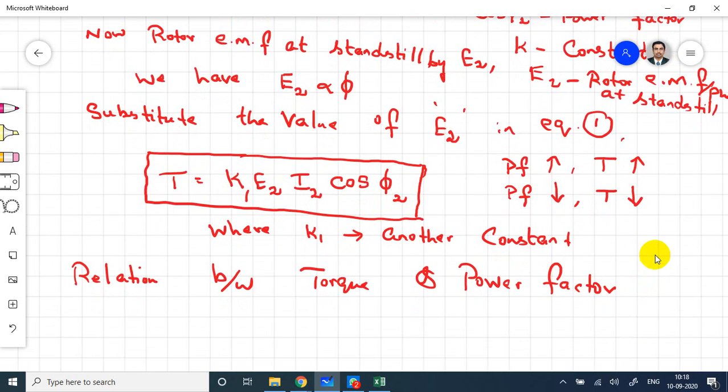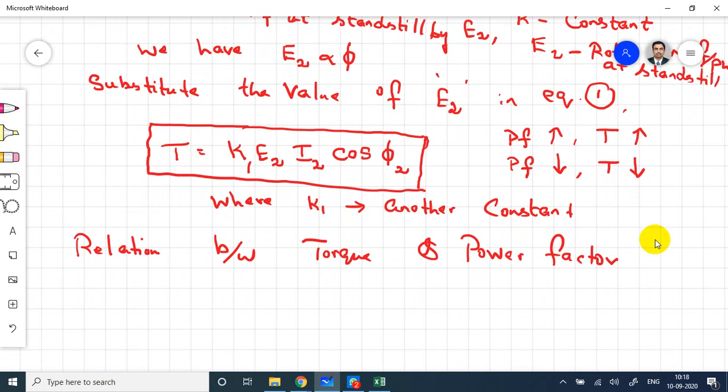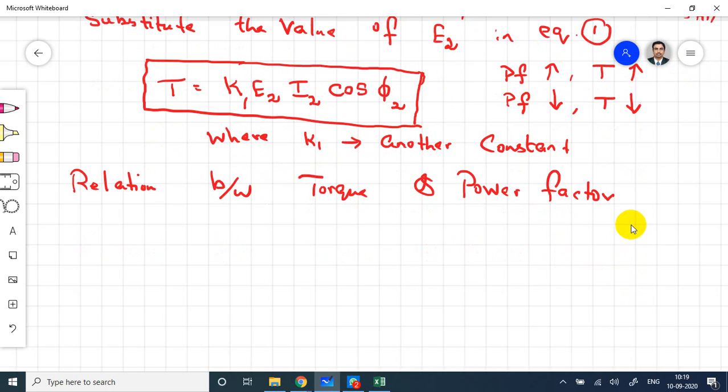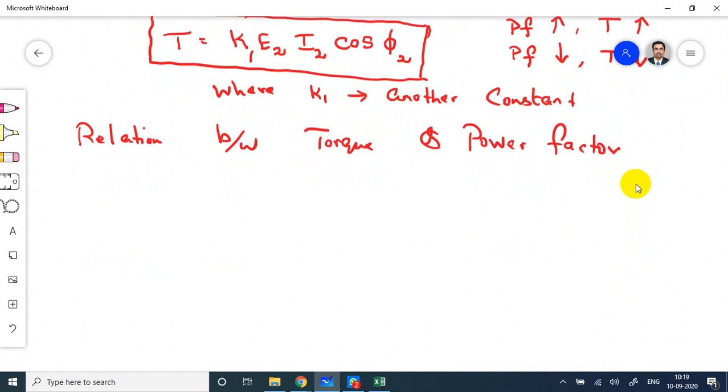This is one more question: if the power factor is increased in a 3-phase induction motor, what happens to the torque? Immediately you have to write: increases. If the power factor decreases, torque will decrease.